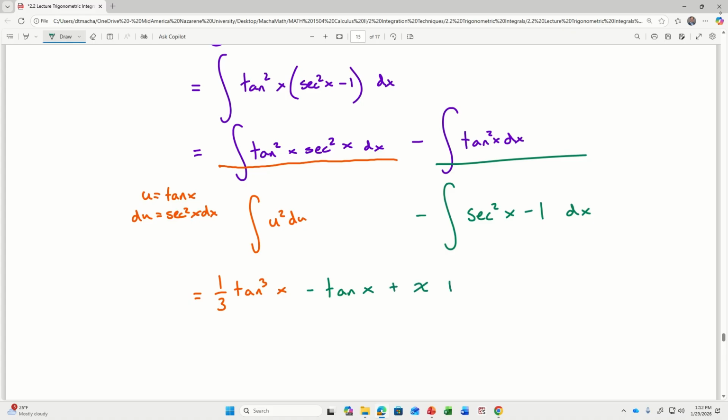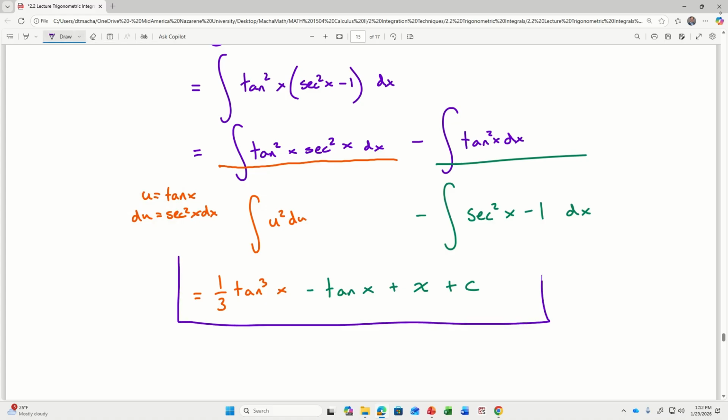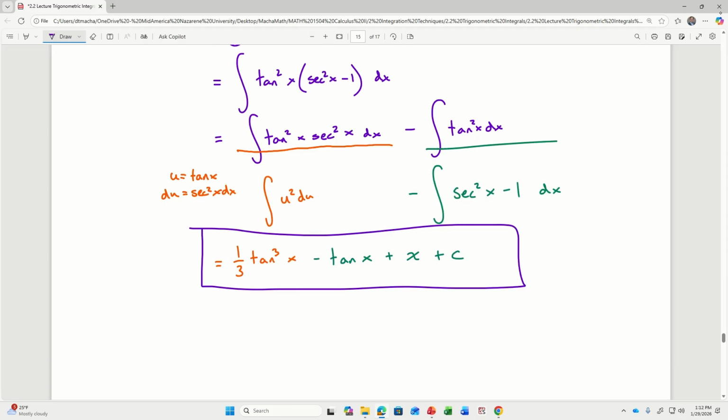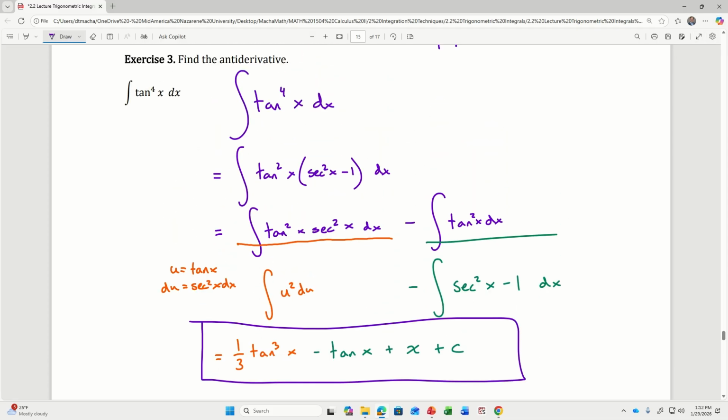Antiderivative is x. So you kind of whittle it down when you have an even power of tangent. Like if I had tangent to the 6th power, then it would probably take 3 steps of replacing just one tangent squared factor instead of 2 steps like this time.